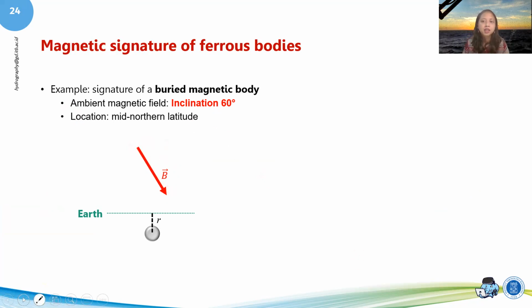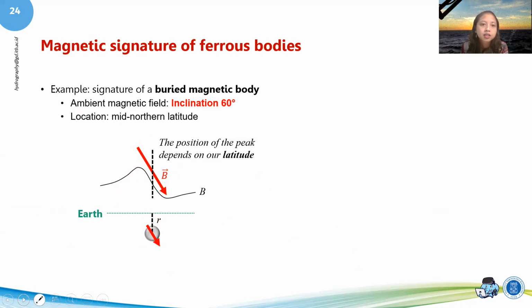So the magnetization in that body will follow the ambient magnetic field. And if you do a magnetic survey, it will look like this. That's your B. And you can see that the peak in here is not exactly on top of the body.